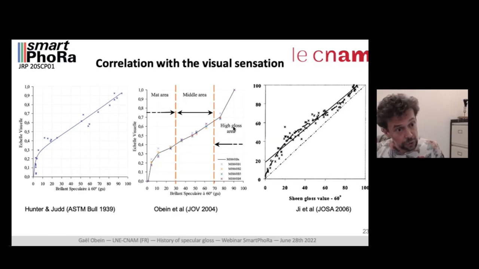It's good, particularly at the middle of the scale. Then when you go into the matte range, it's not the same criterion, and you see that the sensitivity of the gloss meter is very poor compared to the sensitivity of the visual system, which is plotted here in ordinates. And it's also not really good in the high gloss, for other reasons, but we are late, so I'm not going to develop this now.